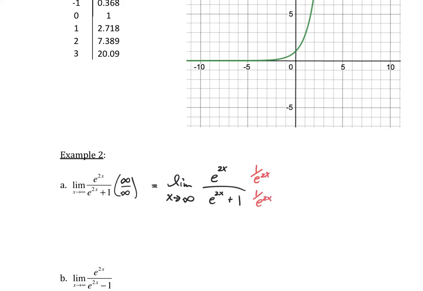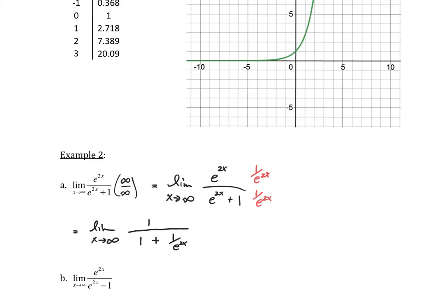And when we do that, we get the limit as x goes to infinity. The numerator is just going to be 1. We need to distribute the denominator, so when I distribute this across the addition, the e to the 2x divided by e to the 2x gives me a 1. But for the second term, the 1 over e to the 2x times 1 gives me a 1 over e to the 2x.